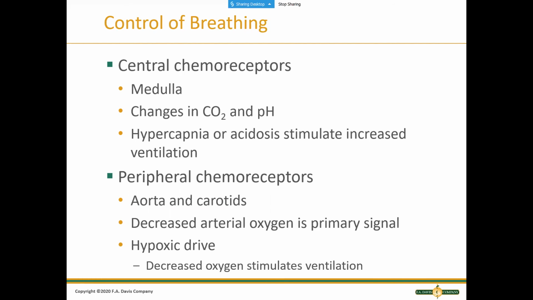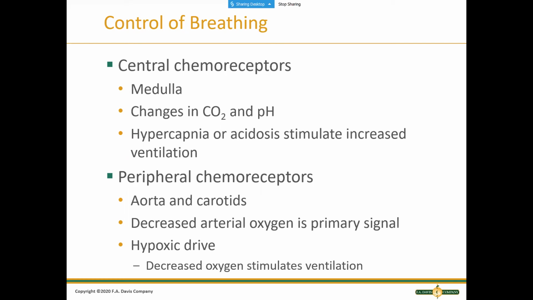So what controls our breathing? We don't consciously think about each breath that we take. We just naturally do it. It's part of your brain called the medulla. And it has what are called chemoreceptors, which is a fancy word for chemical receptors, or little devices that sense how much CO2, how much carbon dioxide you've got floating around in your bloodstream.